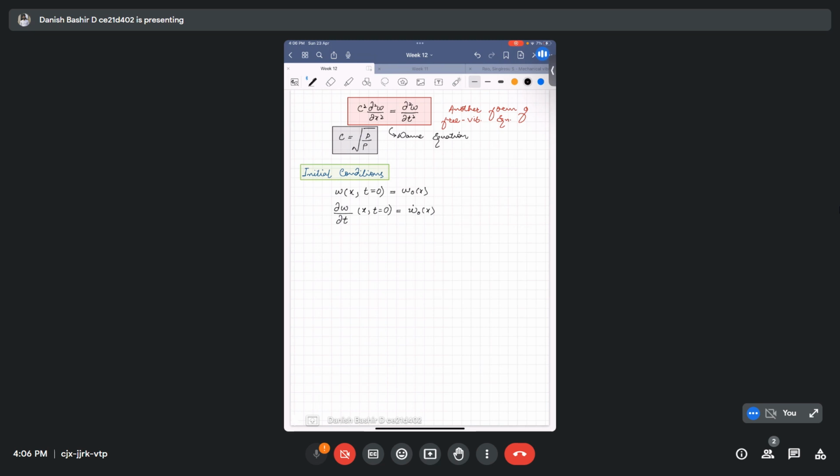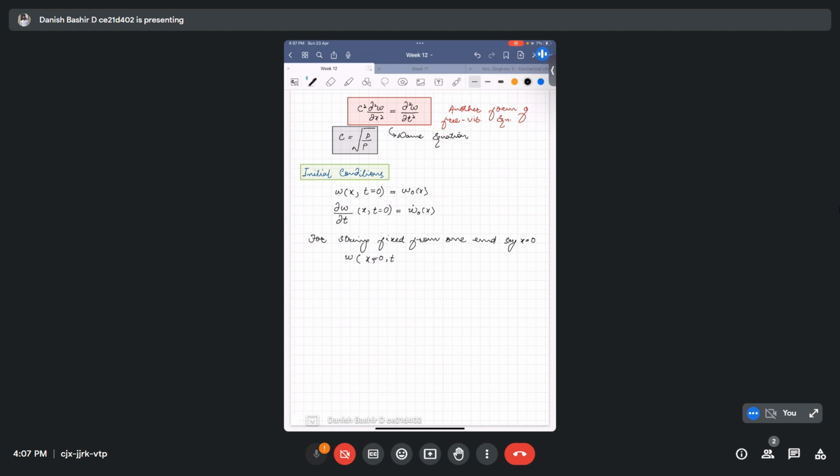So, for example, if the string is fixed at an end, say x is equal to 0, then the displacement w must be 0. So the boundary condition for a string fixed from one end, at x equal to 0, will be w of x comma t, that is w of 0 comma t, equal to 0.